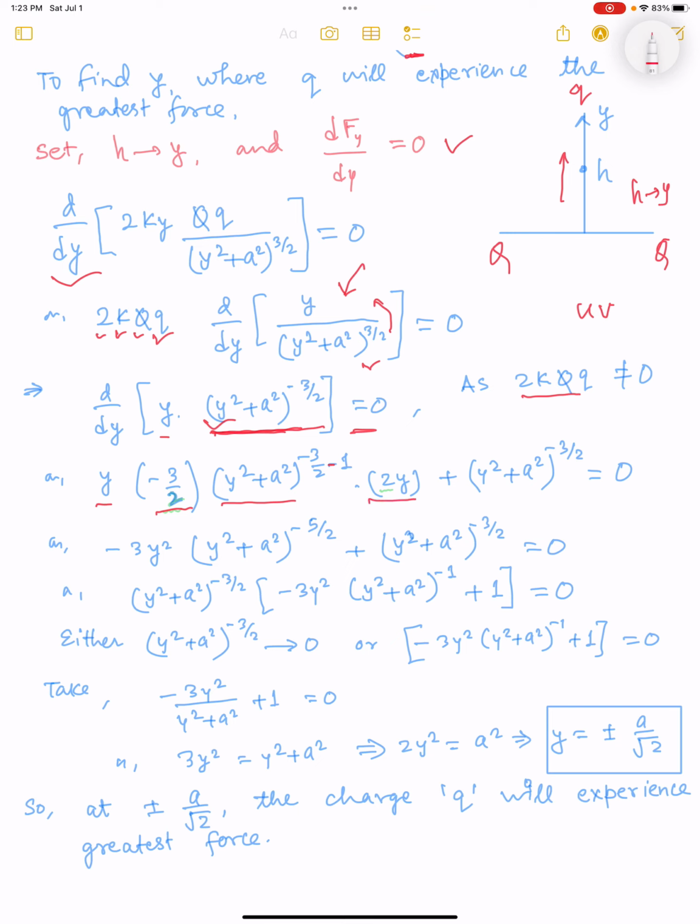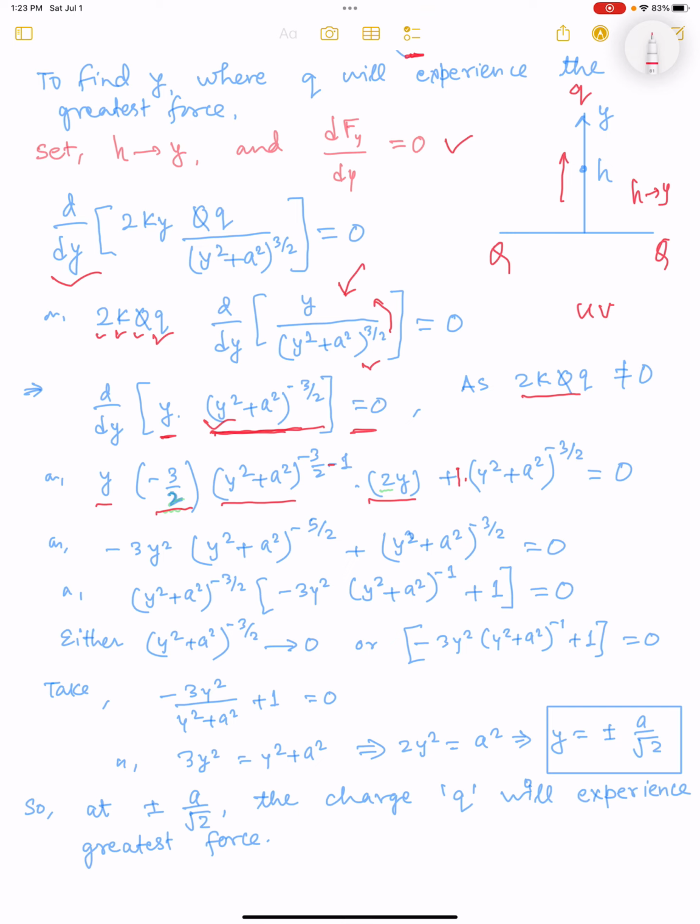The derivative of y squared will be 2y, so this is u times the derivative of v, plus the derivative of u times v. The derivative of u, that is the derivative of y, is just 1, times v.